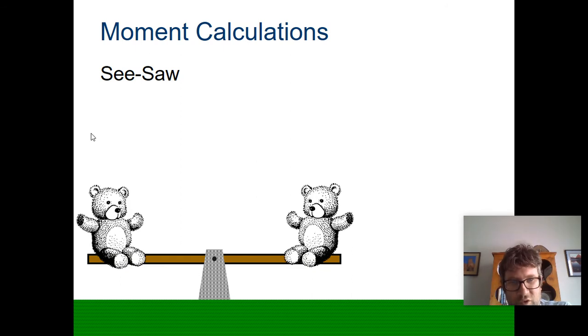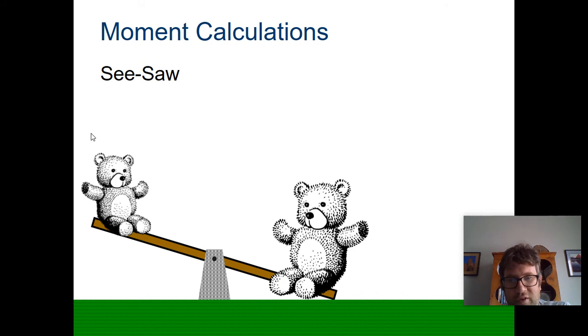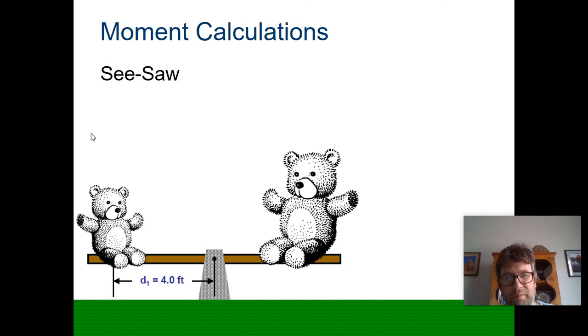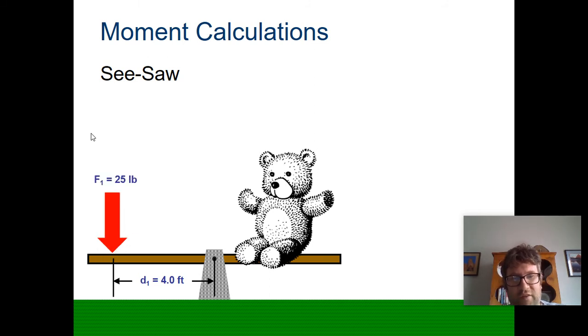Okay, so you have two bears on the seesaw, all right? And one bear is heavier, therefore it results in a moment in that direction. Okay, so distance 4 feet and force 125 pounds.